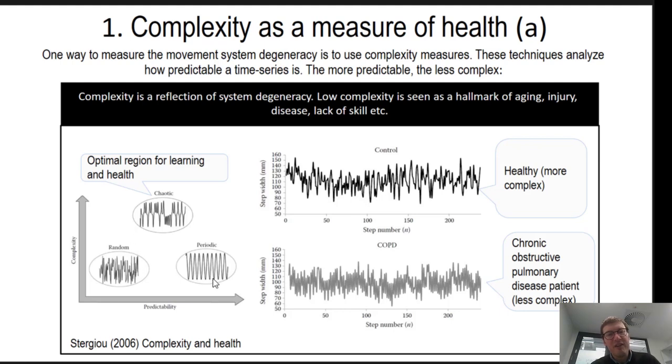We also have, on the other end of the spectrum, really predictable behavior. So really rigid, always the same behavior. And again, if you're walking along and you precisely always use the exact same step length, the exact same step width, at some point you're going to trip over, right? Because again, you're working in a manner which is, in some sense, independent of the environment.